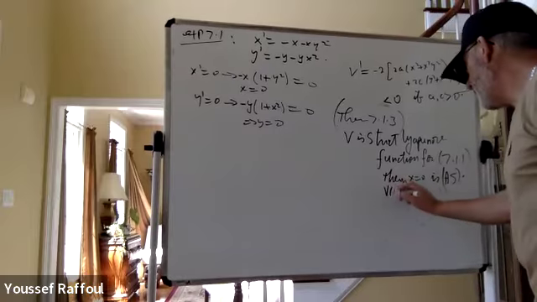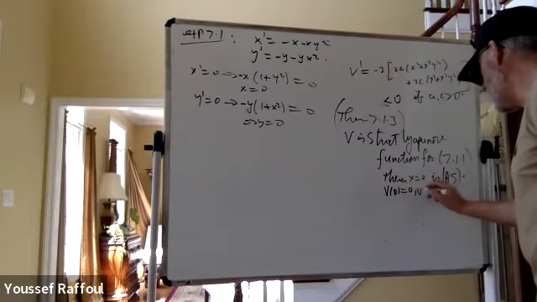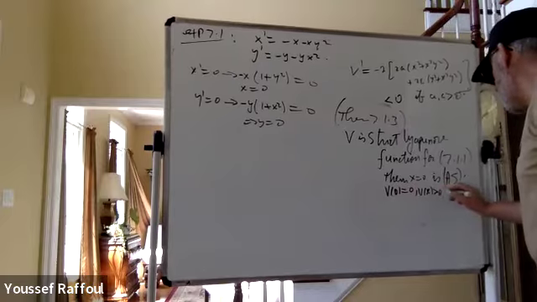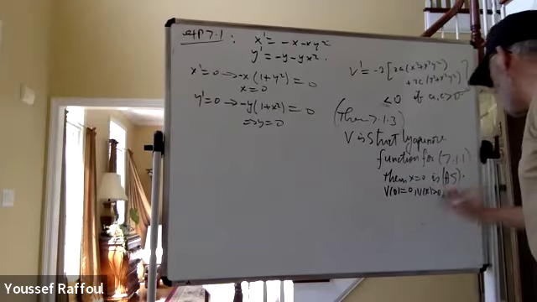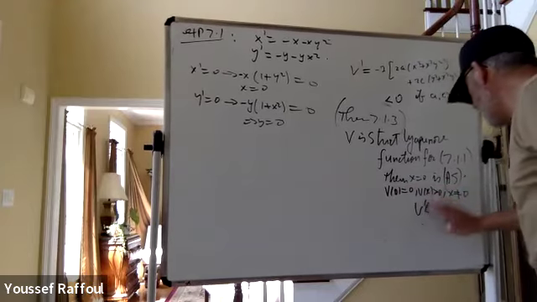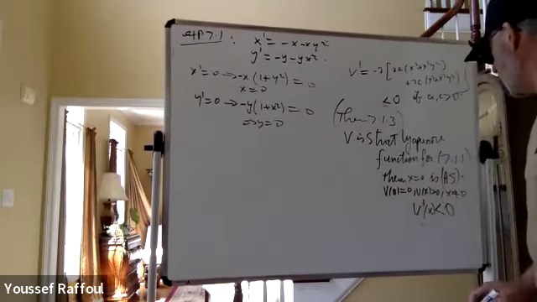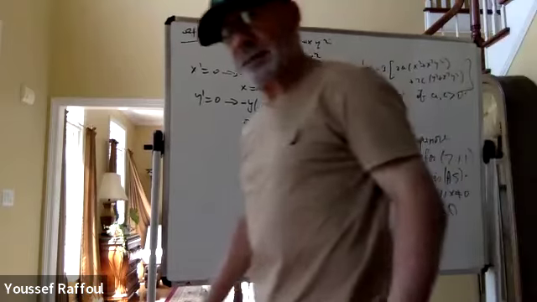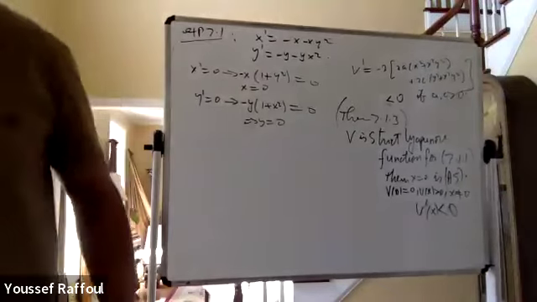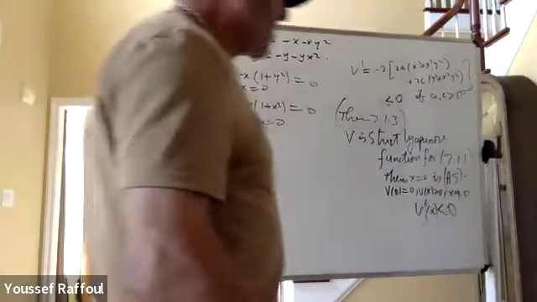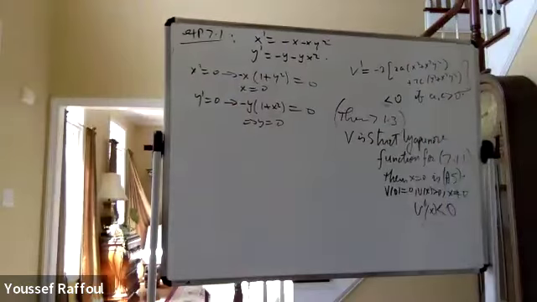That means V of 0 is 0, V of x is positive for x not 0, and V prime of x is strictly less than 0. Then you will get asymptotic stability. I'll pick it up from here next time. We will show instability too, and then we should be done. Okay?